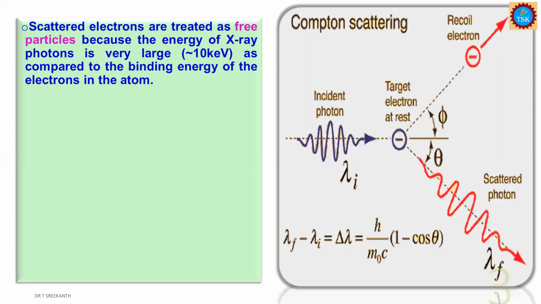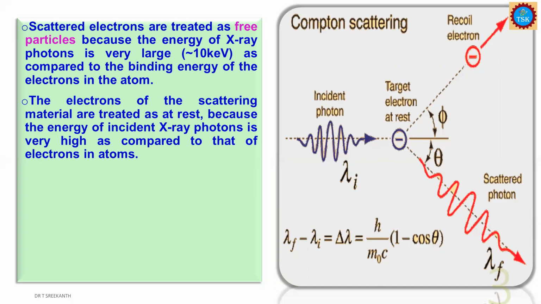In this case, we are assuming that the electrons are bonded to their parent atoms, and that they are at rest. But when X-rays are incident on them, the electron absorbs the energy and escapes from the atom, and that recoiled electron is called a free particle.